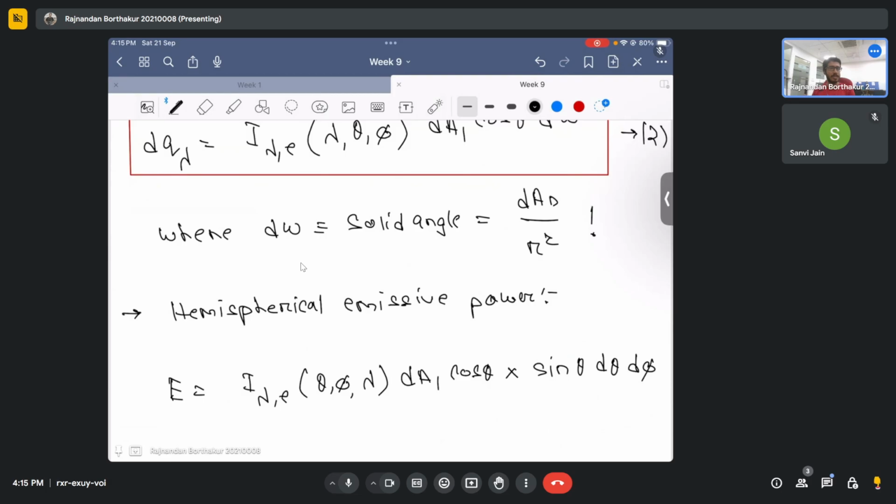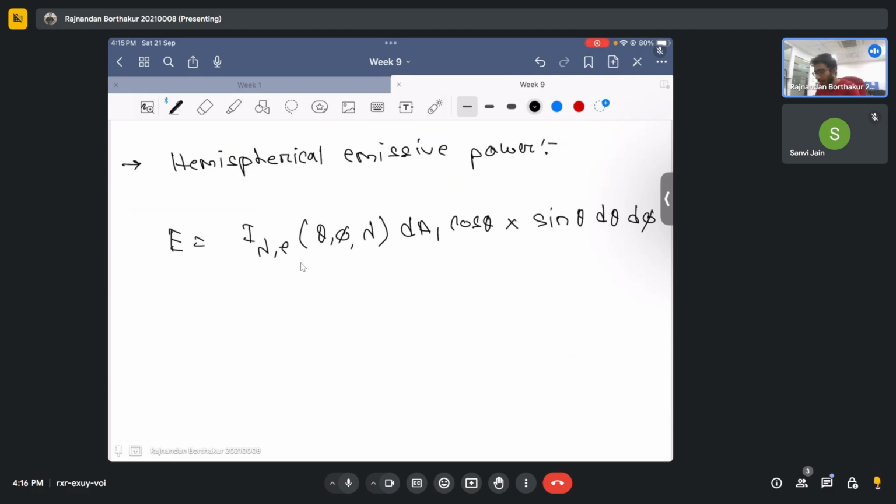You can prove this using spherical coordinates, but I will not prove it here for the sake of time. You need to understand that if you have a hemisphere or a sphere, the solid angle subtended from its surface to a differential area is sine theta d theta d phi.